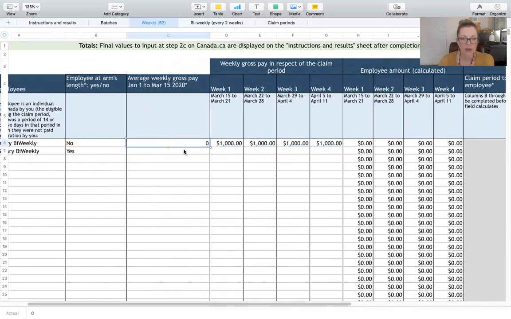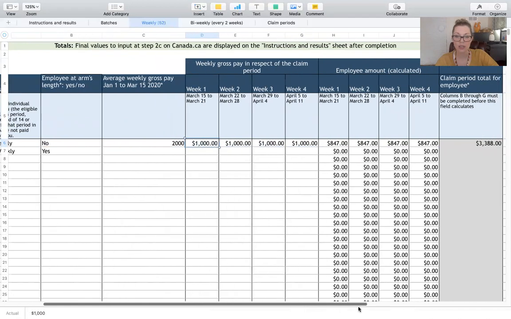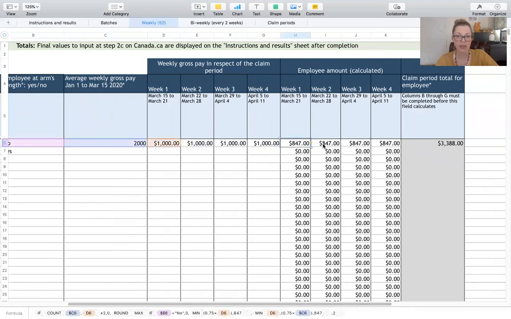And let's just play with it for a second here. If I used to make more, then remember how I just showed this example and the amount I was getting was $750 because it would be 75% of the 1,000. Well, if I'm the business owner and I've had to now reduce my salary, if I used to get $2,000 per week, so $104,000 per year, and now I've cut my salary in half because I don't have the revenue and I just can't afford to pay what my full salary was.